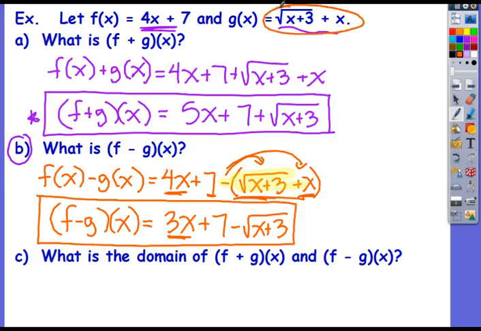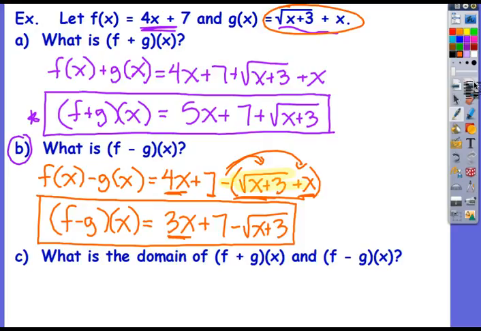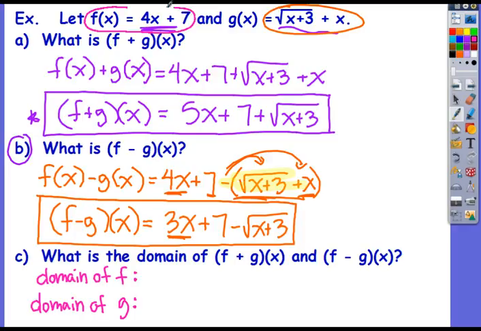The last thing, let's look at the domain. So if I go back to the previous page, on the bottom, the domain, I have to consider the domain of both functions if I'm adding or subtracting. So if I go back to the top, the first function's a line, so my domain should be anything. I can plug in anything for x, take it times 4, add 7, and get out a number. So domain of f, all real numbers can be inputted into function f.